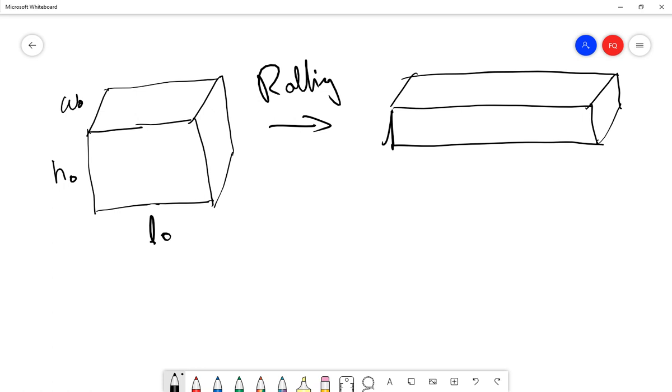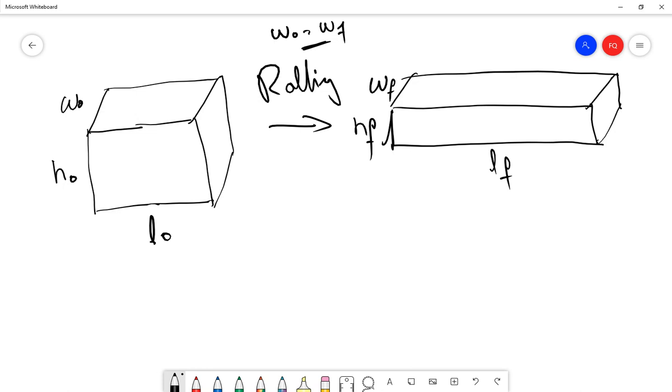This would mean that now the height has changed, the length has changed, but the width we kept it fixed, so it is still constant. So W0 is equal to WF. So far so good. So we see that the initial block is more in height, less in length. The final billet is less in height, more in length.